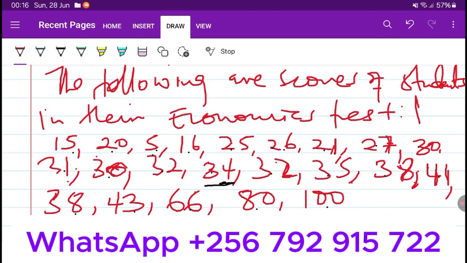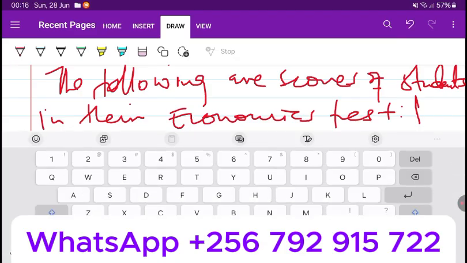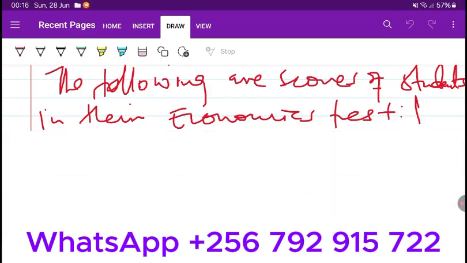Let's call this one 131. I want these figures when they are evenly distributed.